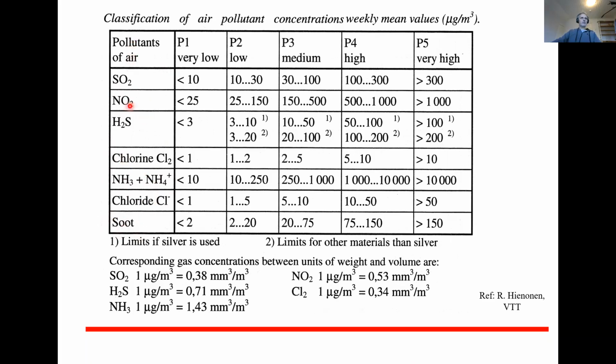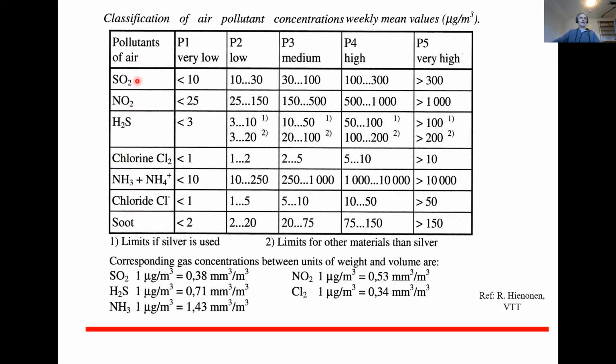So now these six are very typical. Sometimes only the top four are used. So only these gas forms, not the ions and soot, but either or.